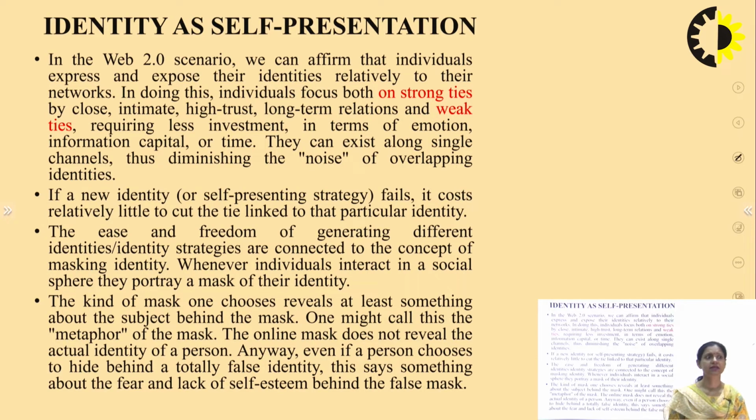So, they can exist along a single channel which diminishes the noise of overlapping identities. If a new identity fails, it costs relatively little to cut that tie to that particular identity, because these are weak ties, not strong ties.